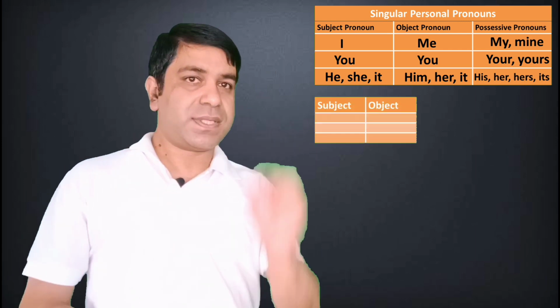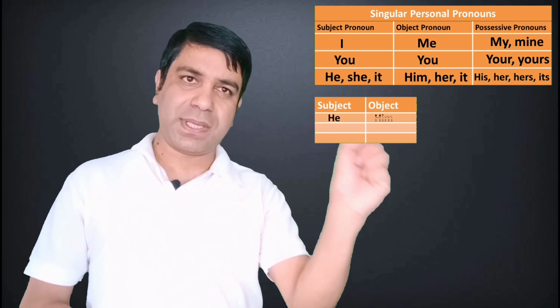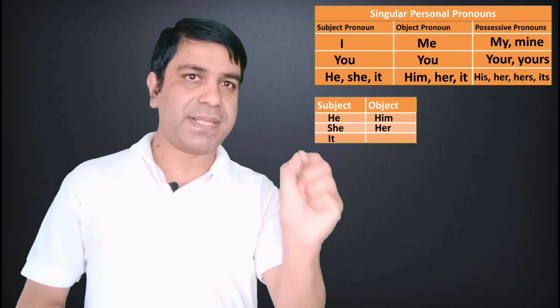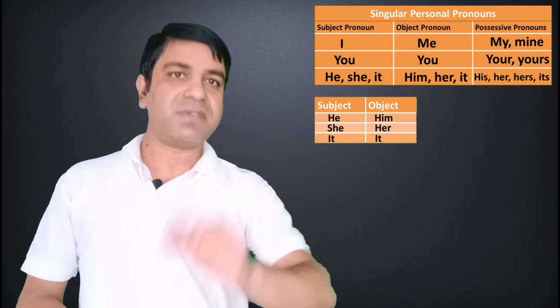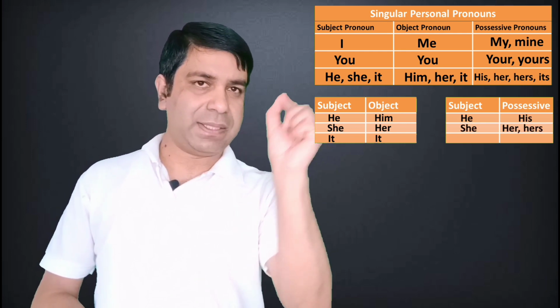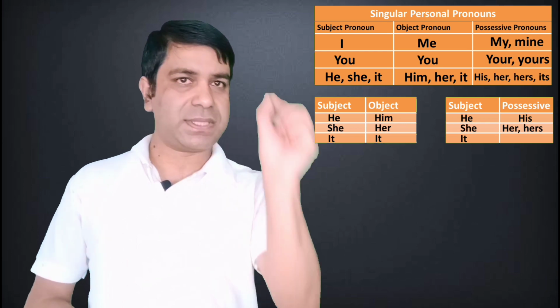When you change subject pronoun into object pronoun, he becomes him, she becomes her, and it remains as it. The possessive form of he is his, she is her and hers, and the possessive form of it is its.